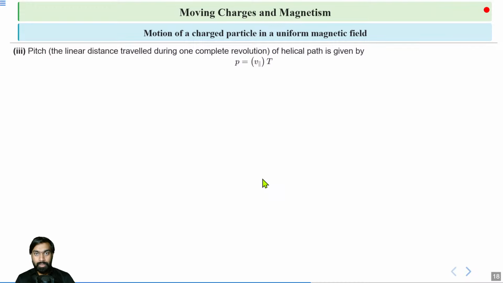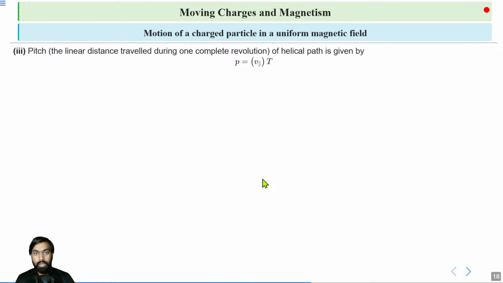We know the particle's velocity has a parallel component v parallel along the magnetic field. So the time for one complete revolution is T. So the pitch p is simply the forward distance traveled in time T.